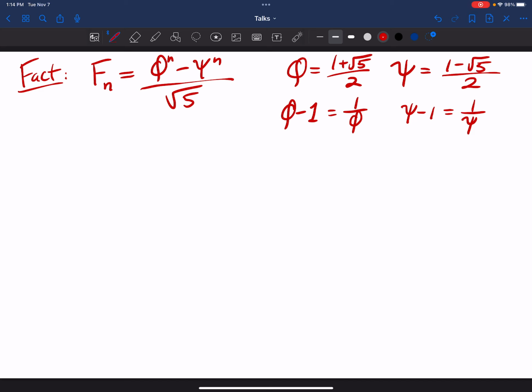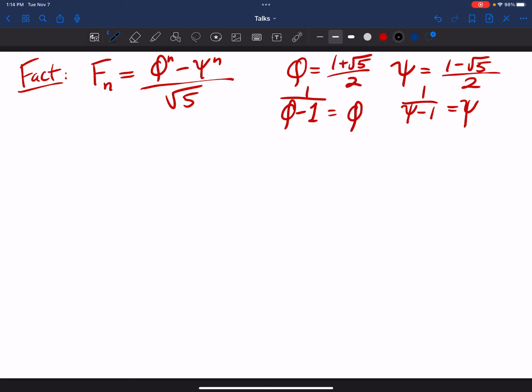Or another way to write this, maybe even better for our purposes, would be to write that 1 over phi minus 1 is just equal to phi, and 1 over psi minus 1 is just equal to psi. And we'll use this in a second.